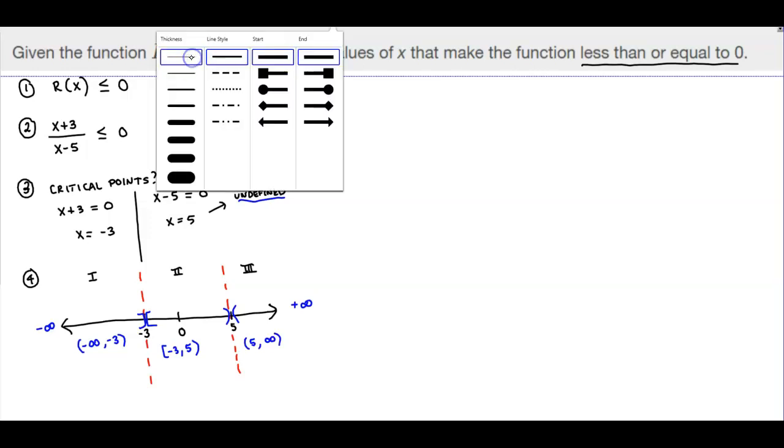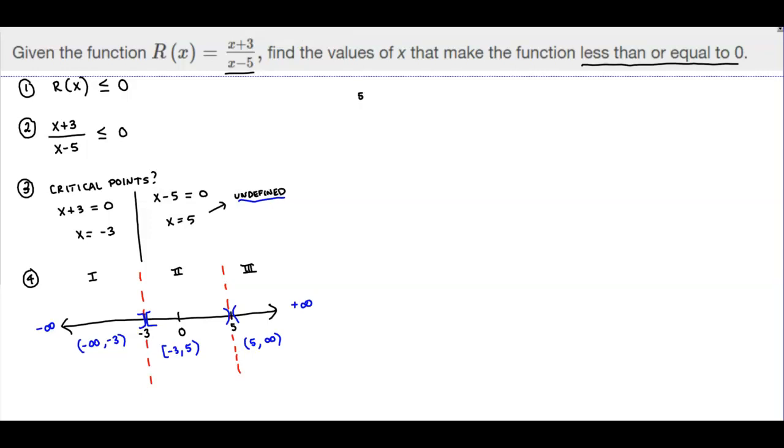Now what we're going to do in step 5 is check our regions. For region number 1, we can pick the value of x to be negative 4. So using the expression x plus 3 over x minus 5 to be less than or equal to 0, we have negative 4 plus 3 over negative 4 minus 5.